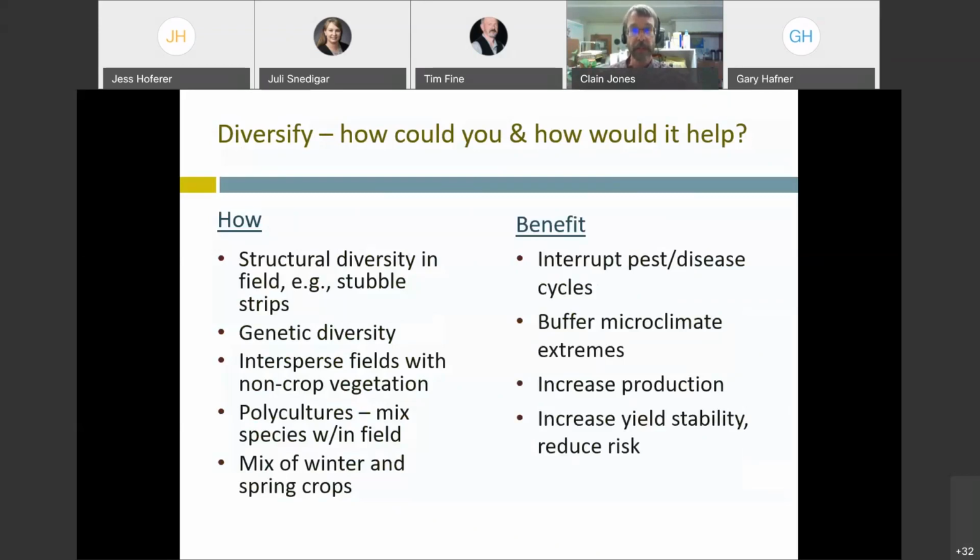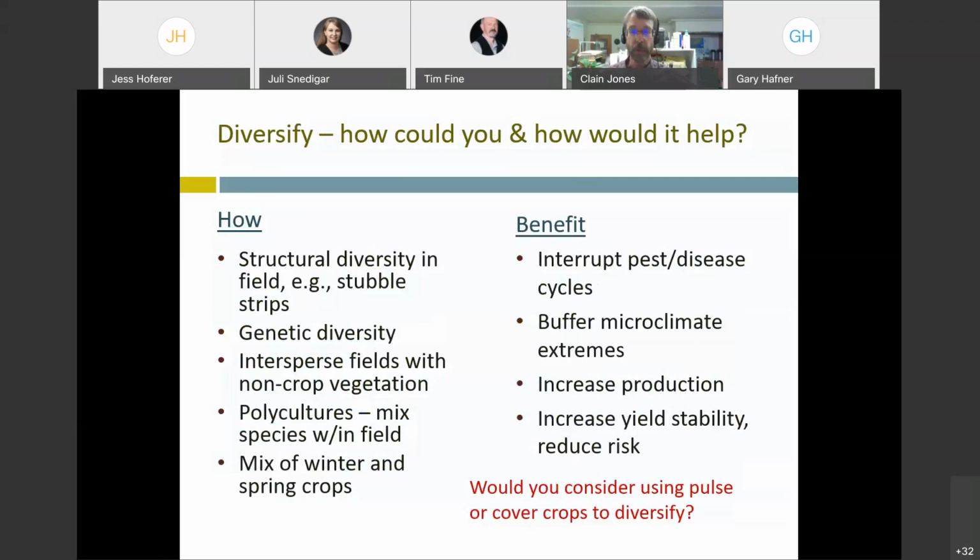Some benefits of these increases in diversity would be interrupting pest or disease cycles, buffering microclimate extremes, maybe breaking up wind, increasing production and increasing yield stability, or reducing risk.